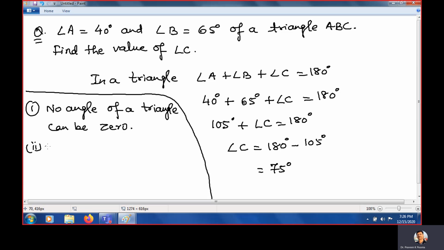And similarly, no angle of a triangle can be 180 degrees. This is not possible. So number one, 0 is not possible. Number two, 180 degrees is not possible.